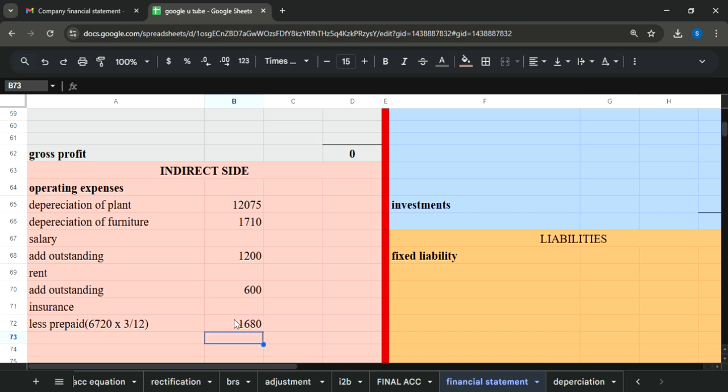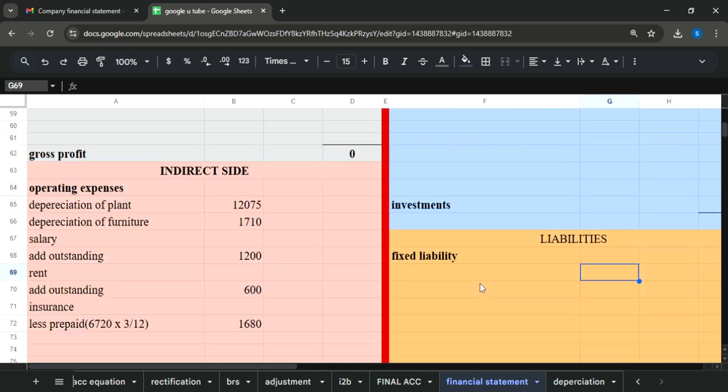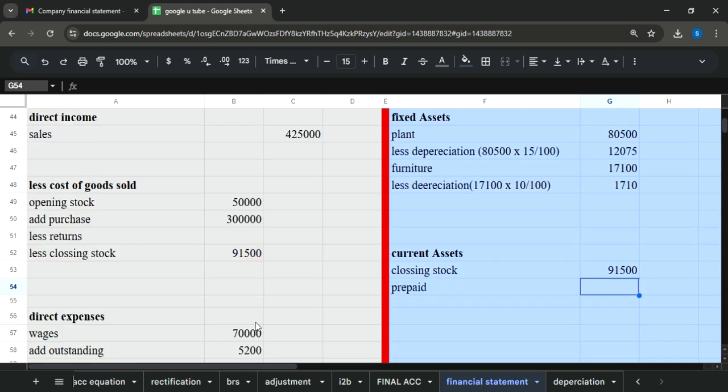This would be considered your prepaid, and you will now go to the asset side as well, and here you will mention prepaid, and the amount of prepaid insurance we have calculated is 1680. Write it down in front of it. Better to mention that this prepaid is related with insurance.